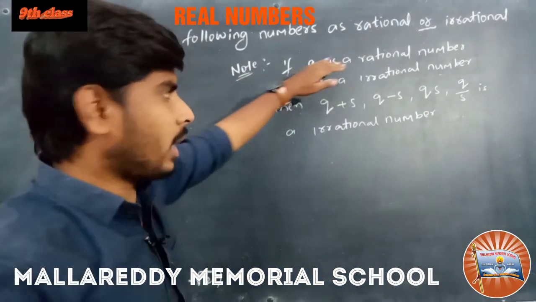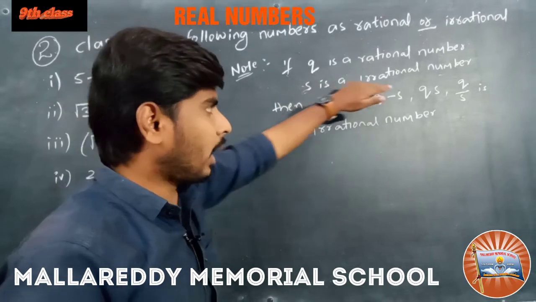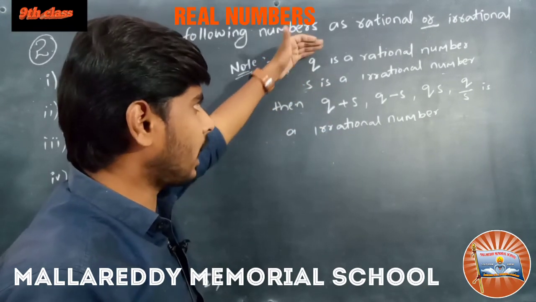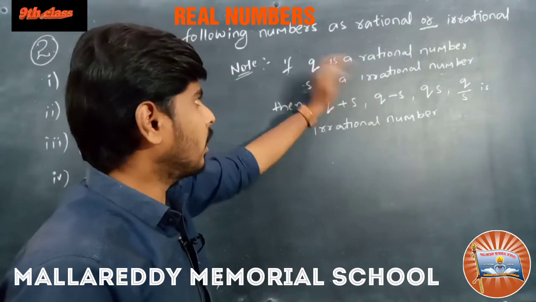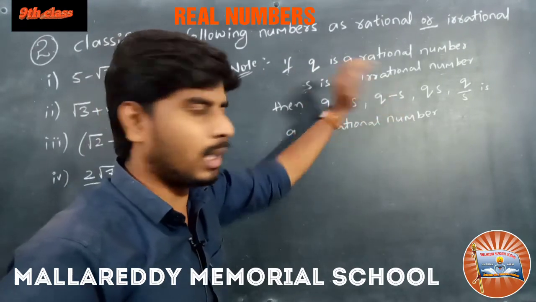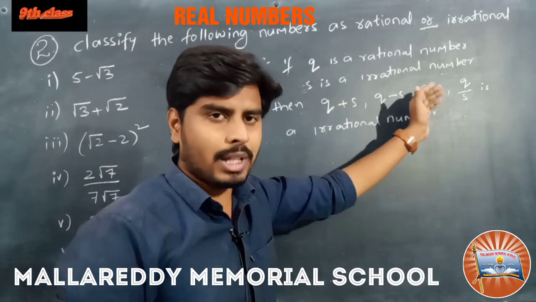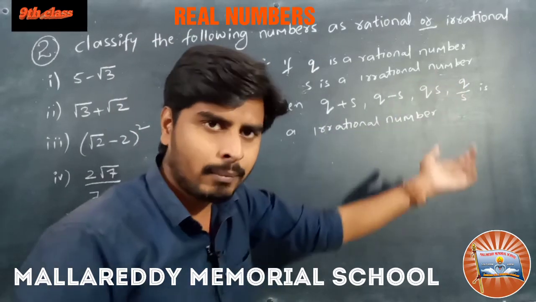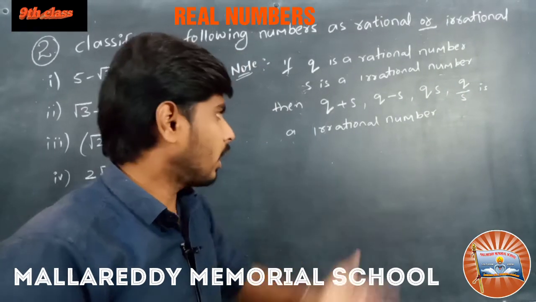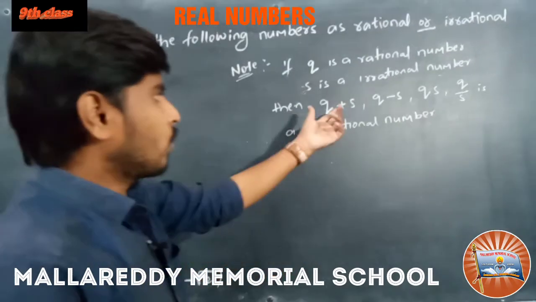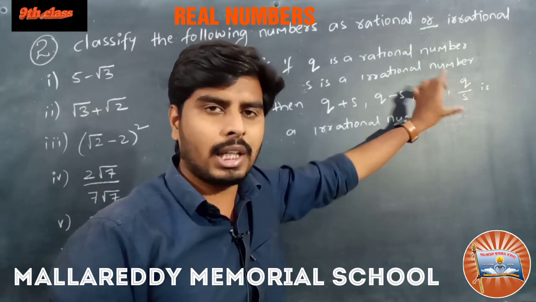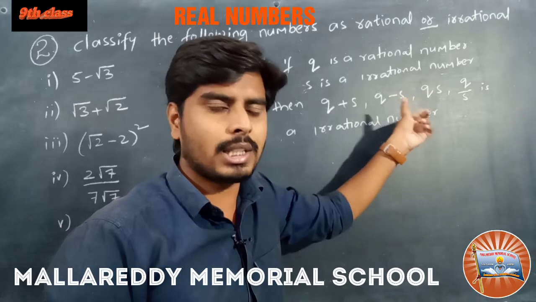So if q is a rational number and s is an irrational number, then q plus s, it means addition of rational and irrational number, subtraction of rational and irrational number, product of rational and irrational number, and division of rational and irrational number is again an irrational number. So if you add, subtract, multiply or divide between a rational and an irrational number, we get an irrational number only.